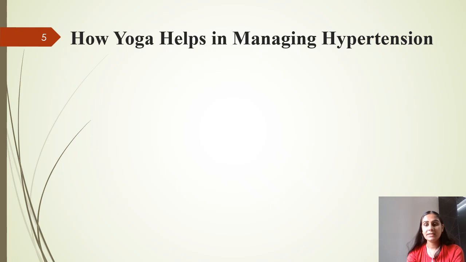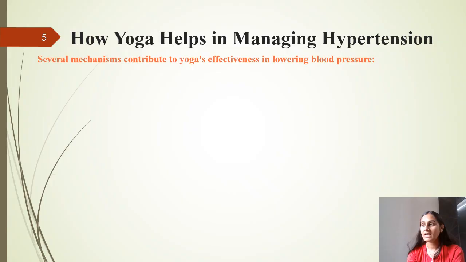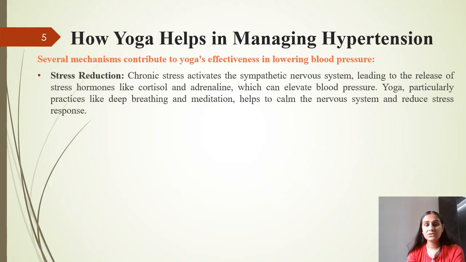Now, we will discuss how yoga helps in managing hypertension. As we all know, there are major effects and benefits of yoga; some we will discuss here. The first one is stress reduction. Chronic stress activates the sympathetic nervous system, leading to the release of stress hormones like cortisol and adrenaline, which can elevate blood pressure.